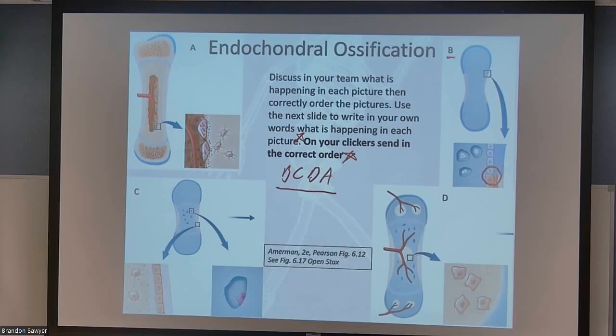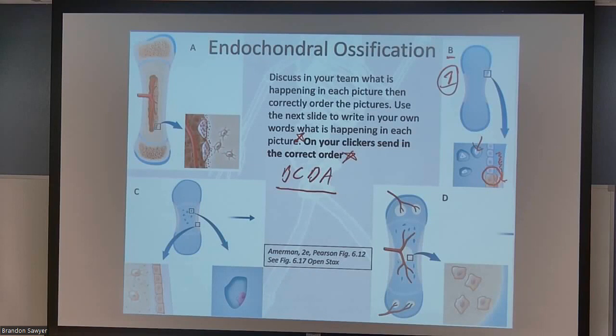Those blue cells are supposed to be the cartilage cells, and the yellowish or beigeish ones there are supposed to be the bone cells, right? So we can see that switch happening. We can see the membrane, the cartilage membrane switching over to the bone membrane, the periosteum. And then we can see these cartilage cells in the little lacuna there. So that's B, the first one, as you said.